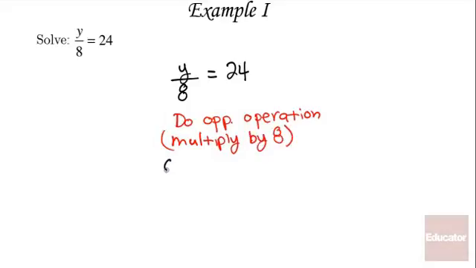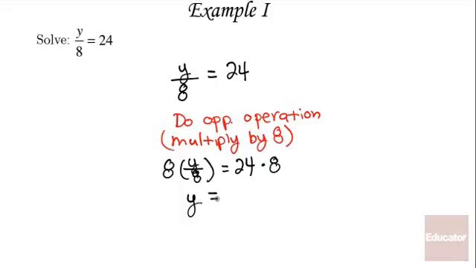Okay. 8 times y over 8 equals 24 times 8. Once again, I did the same thing to both sides of the equation. My 8's cancel out because 8 divided by 8 is 1. And that leaves me with y on the left side of the equation.